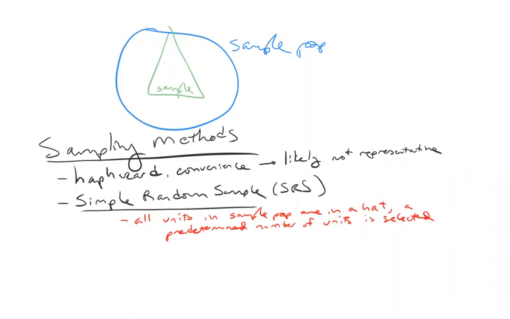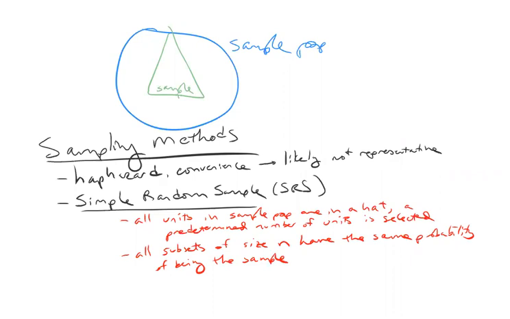If I'm trying to take a simple random sample of Wellesley students, take every Wellesley student's name, put them in a hat, mix them all up, pull out whatever number, 50 of them, right? That is a simple random sample. Mathematically, what that means is that all subsets of size, whatever you chose, say size n, have the same probability of being the sample.